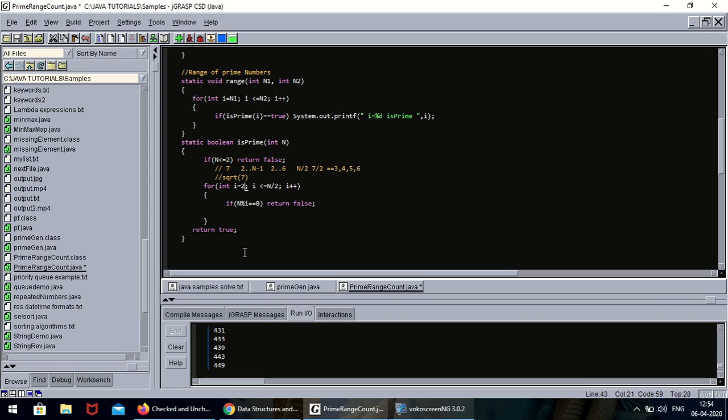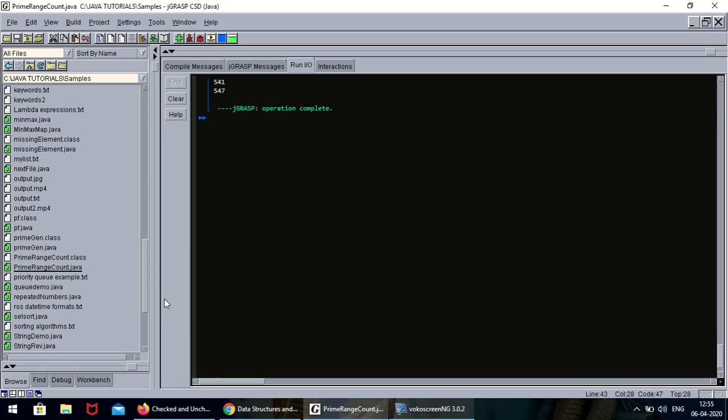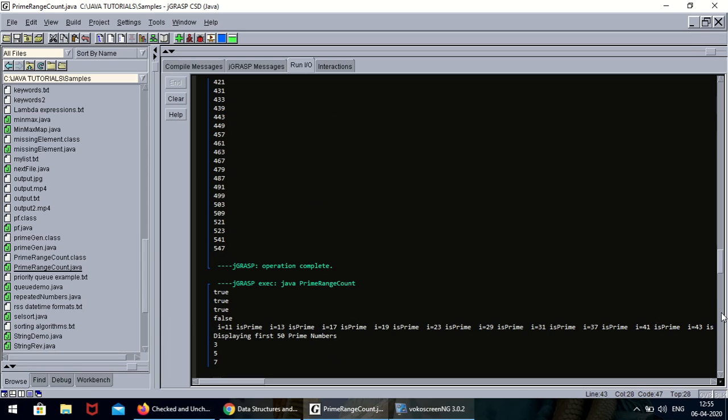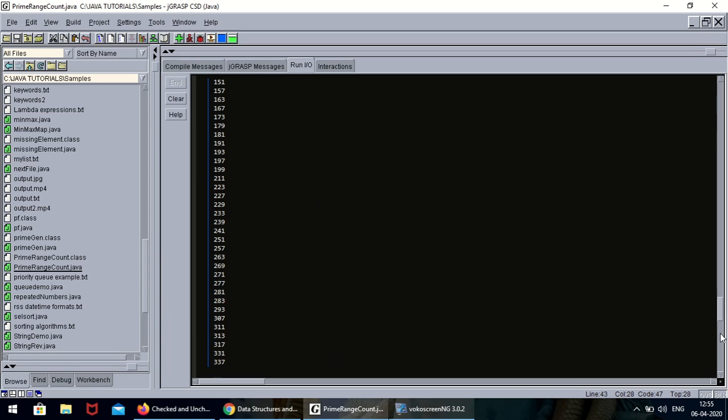These two conditions you can try here. Let's try now. See, you get the same results. Even if you put n by 2, you get the same results.